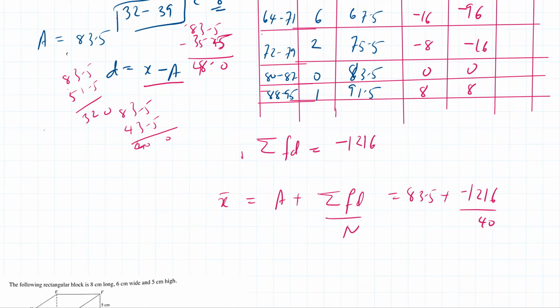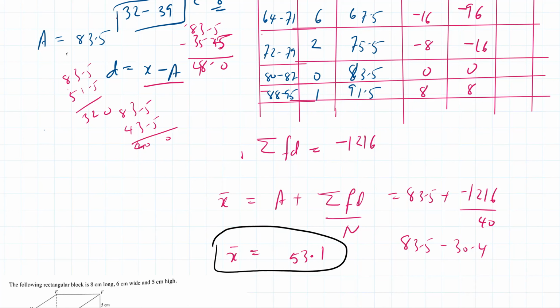When you divide by 40, you have 83.5 minus 30.4. So you're going to get the mean equal to 53.1. Mean, dear students, equals 53.1.